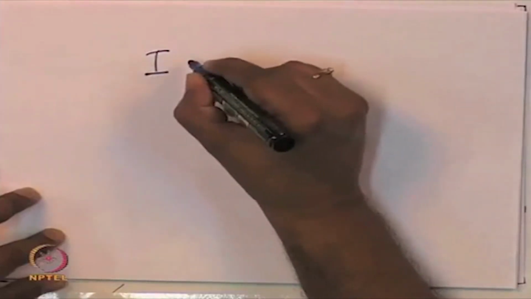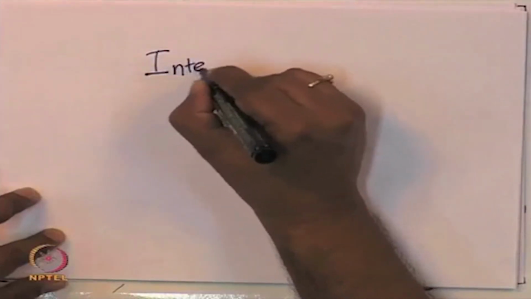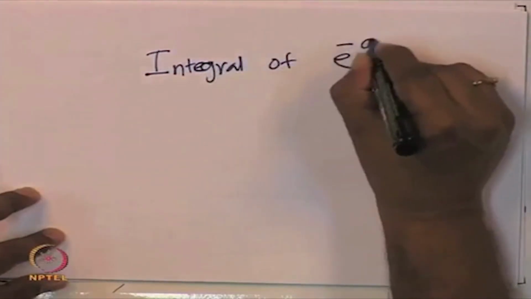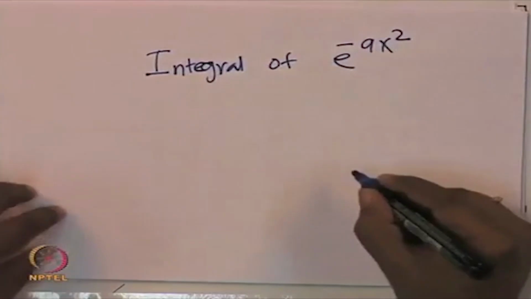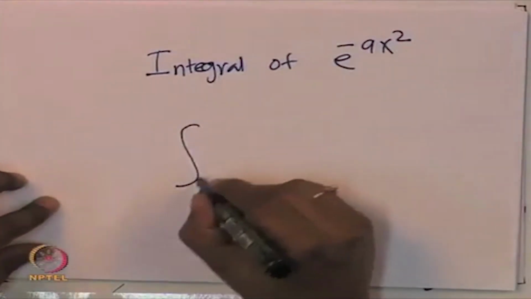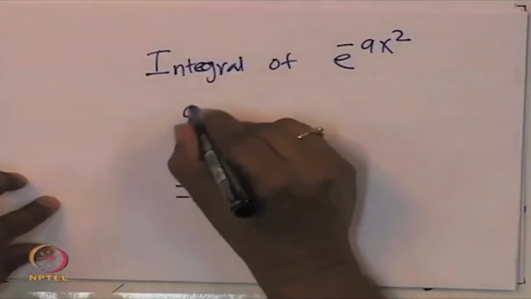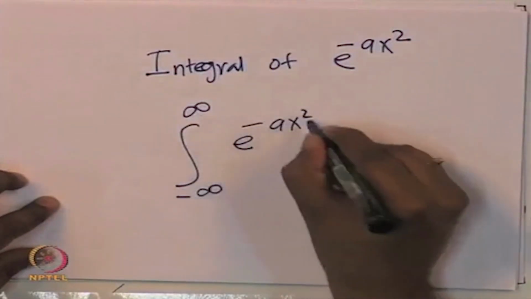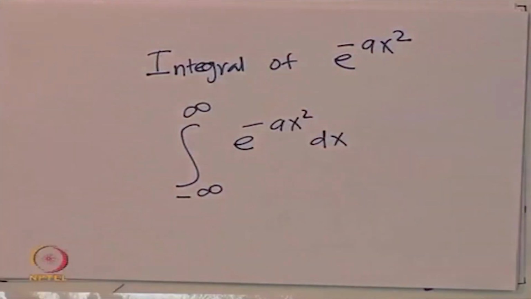So, what we want to calculate is the integral of e to the power minus a x². This is the Gaussian function. What we want to calculate is the integral from minus infinity to infinity of e^(-a x²) dx.